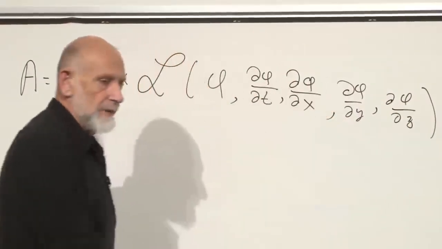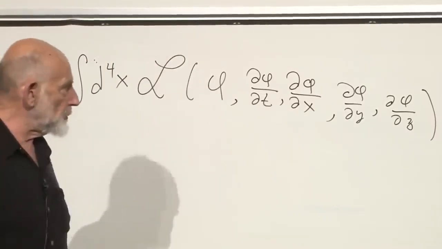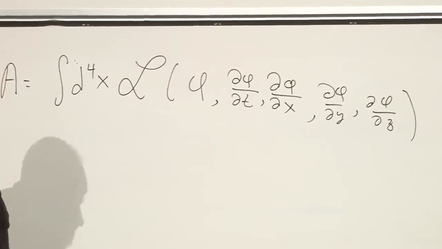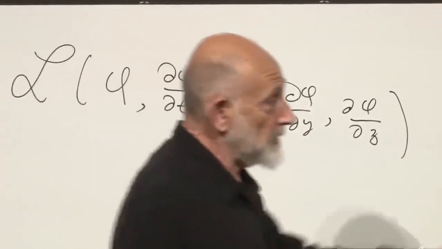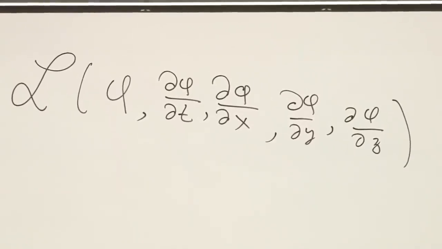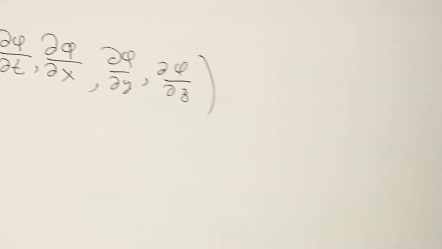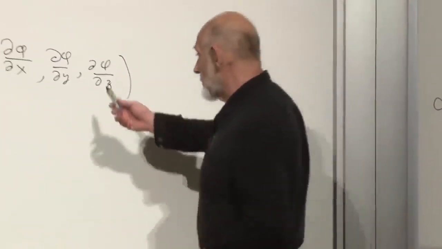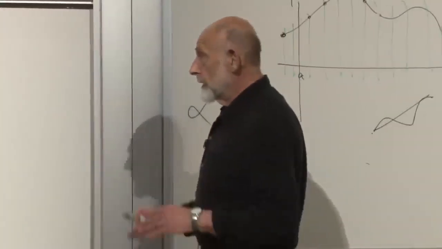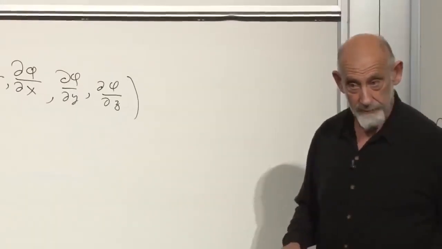And however many more coordinates there are. That's the Lagrangian. The Lagrangian is a function of the fields phi. There may be more than one field, incidentally, just as in this situation over here, a particle may have more than one coordinate locating its position. It might be x, y, z, and so forth. There may be more than one field, but for the moment, let's just concentrate on a problem with one field called phi. Then the Lagrangian depends on the field and its various derivatives.